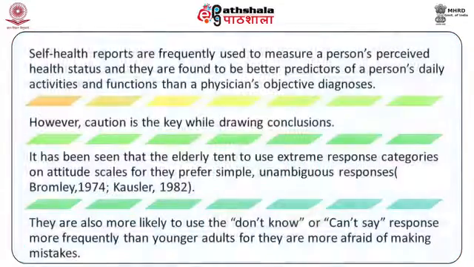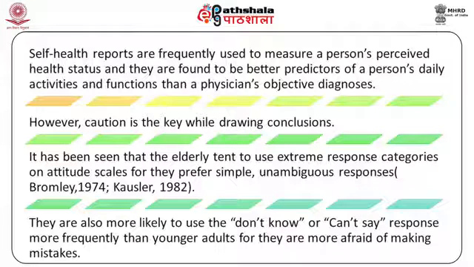Self-health reports are frequently used to measure a person's perceived health status, and they are found to be better predictors of a person's daily activities and functions than a physician's objective diagnosis. However, caution is the key while drawing conclusions.